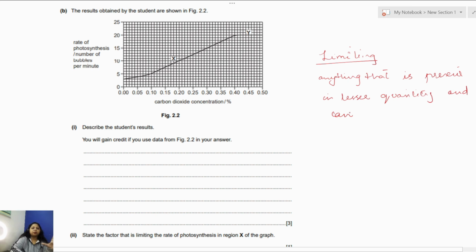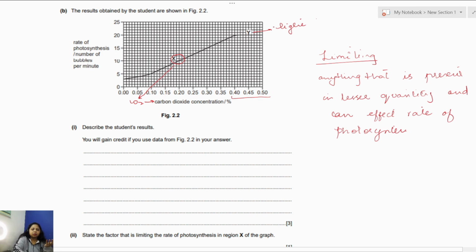It's given in the graph. So at X, carbon dioxide is a limiting factor. Let's say carbon dioxide concentration. We have to write this. At Y, look, we have enough carbon dioxide. So what could be less?